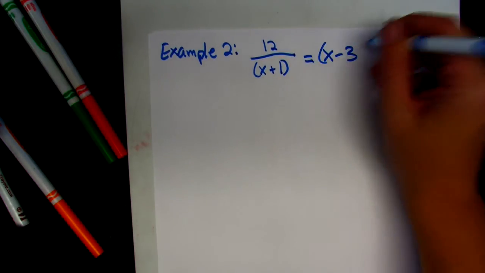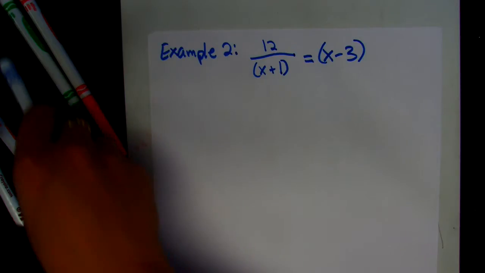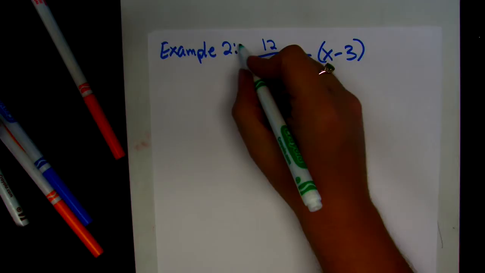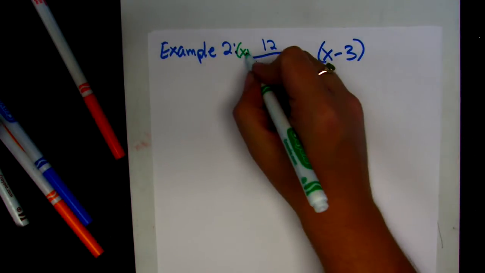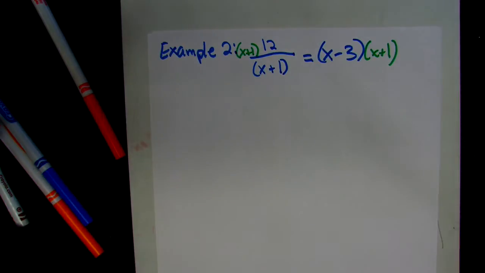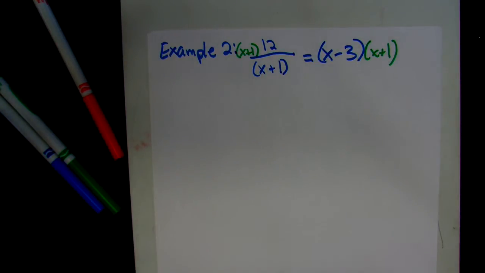So x plus 1 needs parentheses and x minus 3 needs parentheses. Then I identify my common denominator. The only denominator that I have is x plus 1. So I'm going to multiply both sides of the equation by that denominator, x plus 1. Why do I do that? I'm killing my fraction. I want my denominator to cancel out.